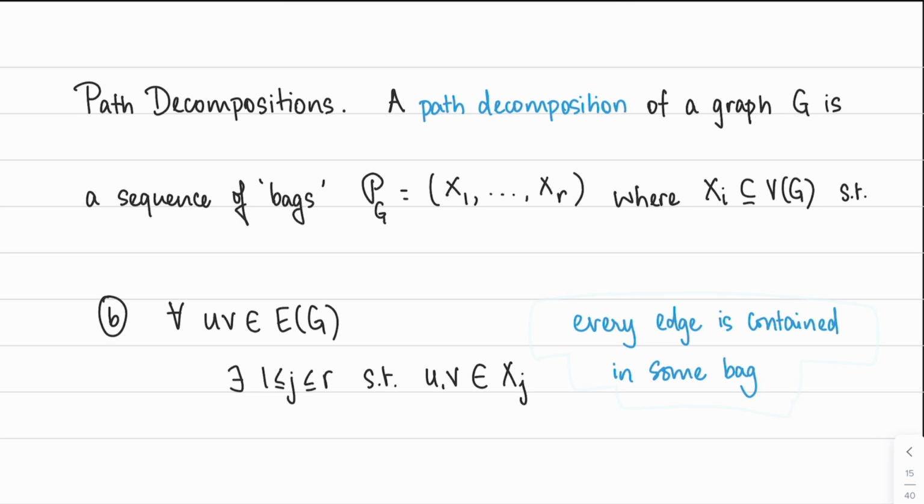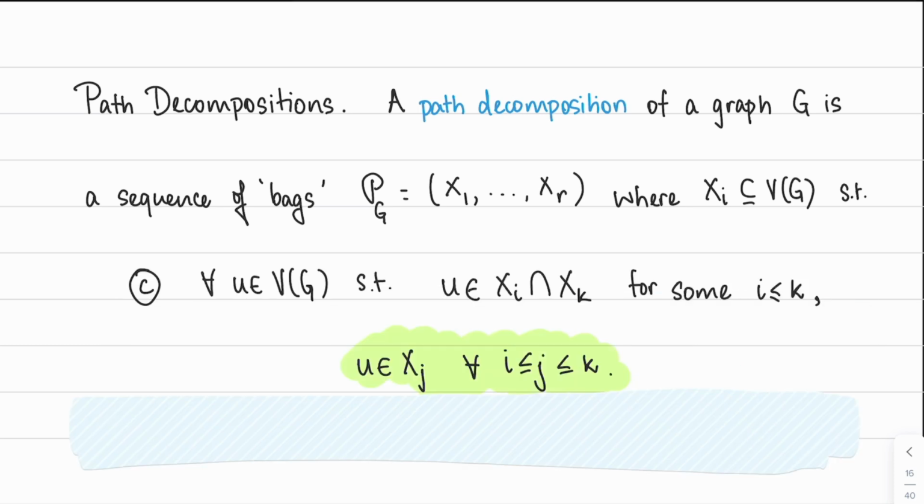The third and the last property is probably the most interesting one. It requires that if a vertex appears in some bag, say xi, and some other bag, say xk, where i is smaller than k, then this vertex must also appear in all the bags that come between xi and xk.